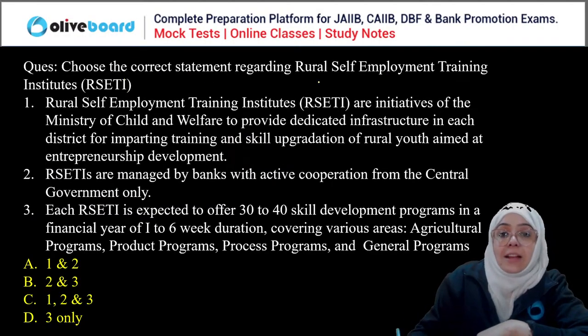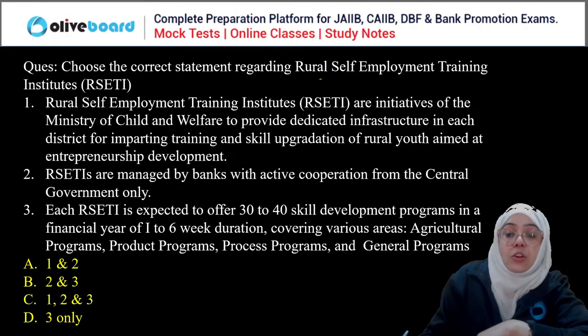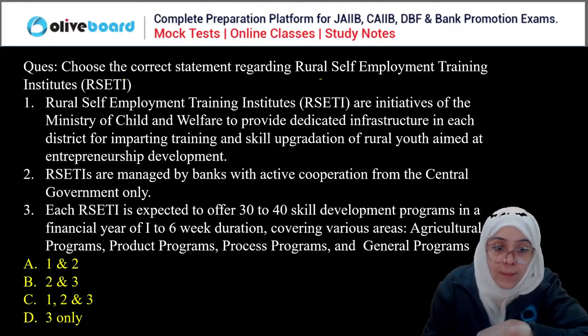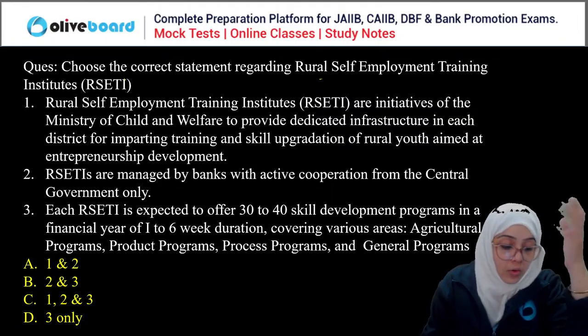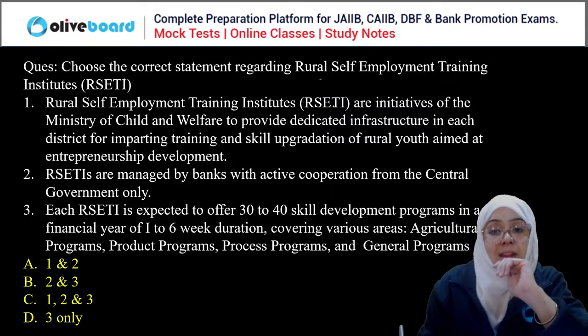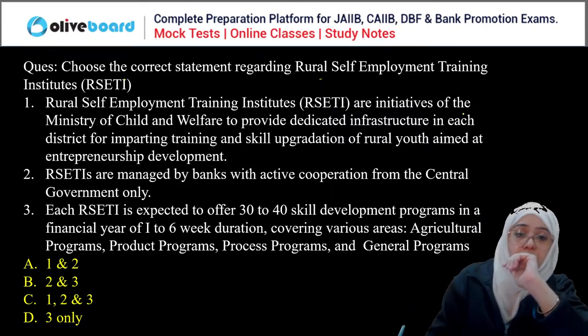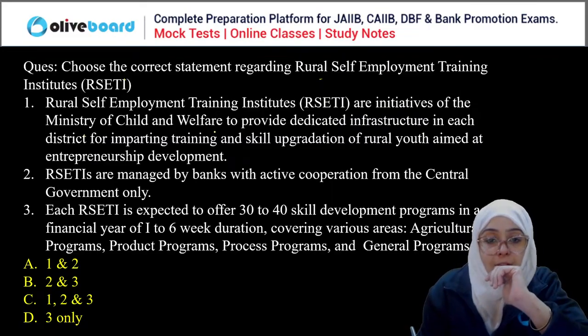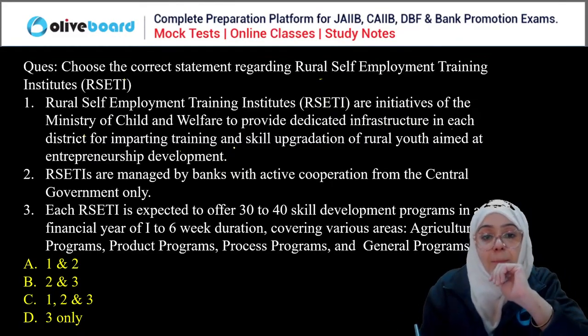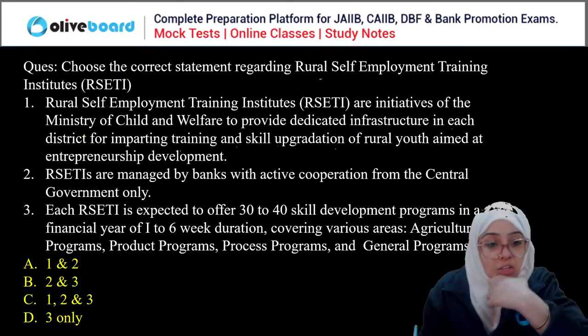Next, choose the correct statement regarding the Rural Self Employment Training Institute. Okay, so I'm just switching off. You are seeing the question correctly, right? Rural Self Employment Training Institutes are an initiative of the Ministry of Child and Welfare to provide dedicated infrastructure in each district for imparting training and skill upgradation.